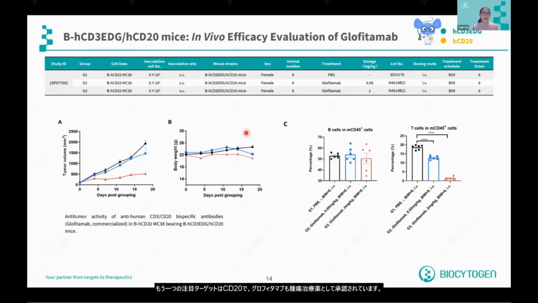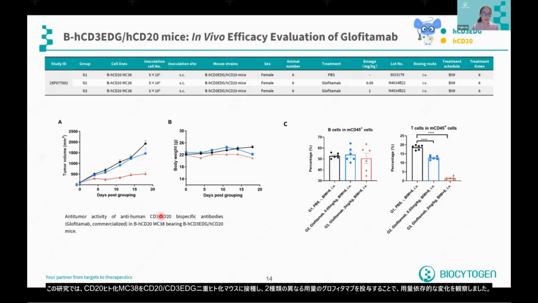Another very hot target is CD20, and glofitamab is also an approved drug for tumor treatment. In these studies, we inoculate CD20 humanized MC38 into CD20 CD3E double humanized mice, and we give 2 different dosages of glofitamab, and we can see a dose-dependent manner.